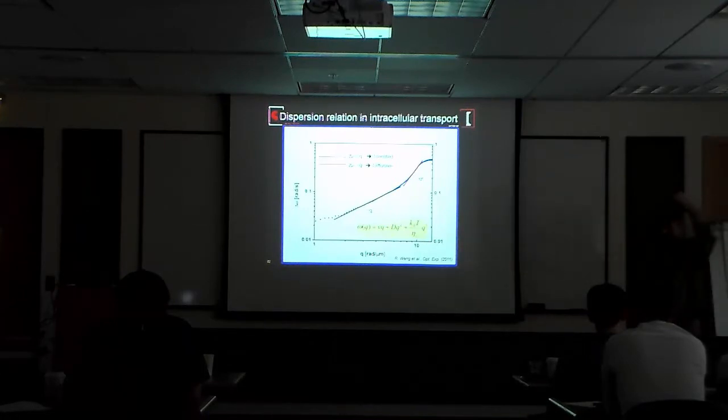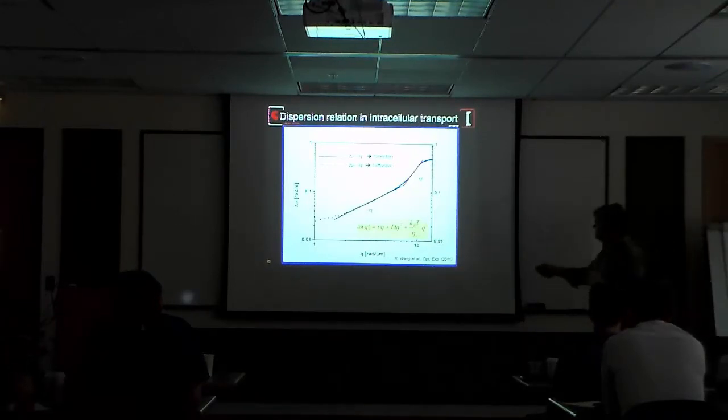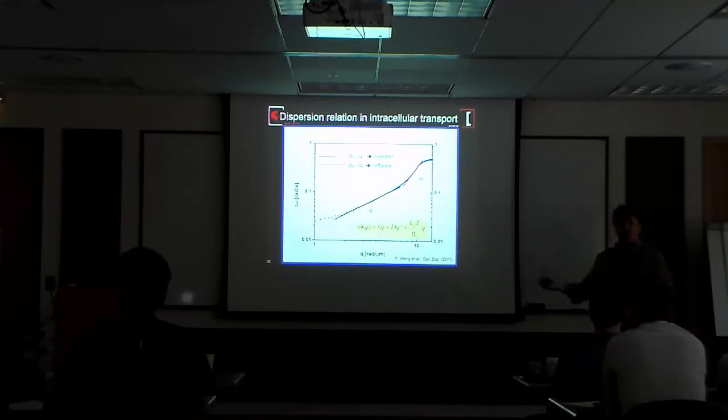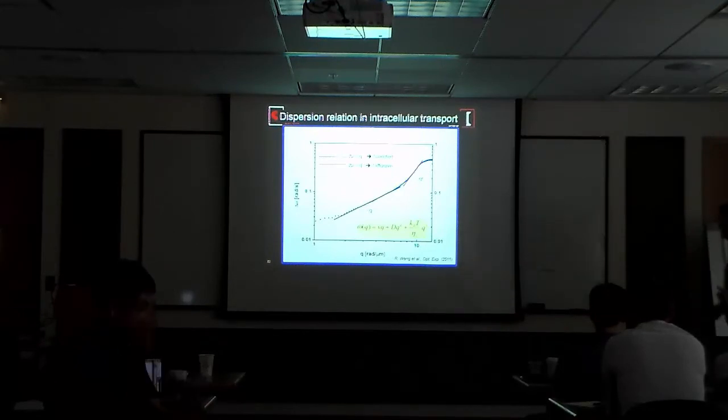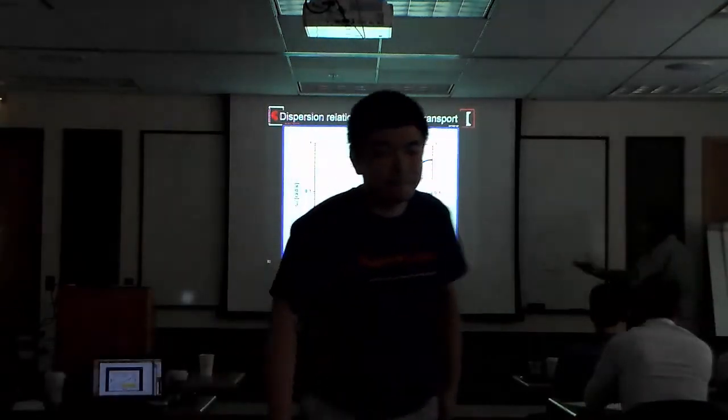If we were to respond by diffusion to feel my toe from here, it would take 150 years or something like that. So diffusion is just too slow for large distances. So the cell is optimizing this: at short scales, it uses diffusion because it comes for free, and at large scales, it switches to active transport, where the molecular motors that we've just seen in Dr. Selvin's talk take over.